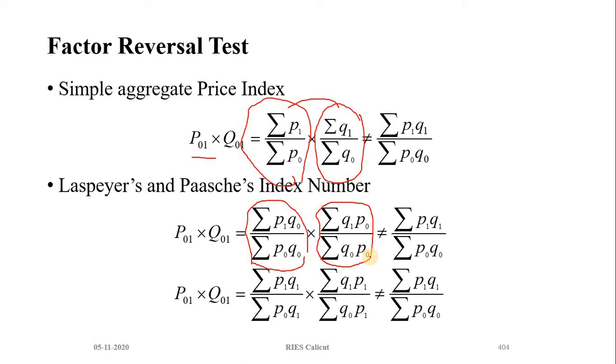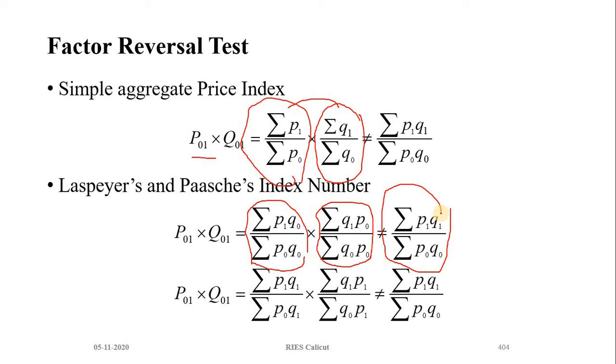That means wherever there is P, you put Q, and wherever there is Q, you put P. Then if you multiply these two, sigma P1 Q0 into sigma Q1 P0, you won't get sigma P1 Q1 divided by sigma P0 Q0.